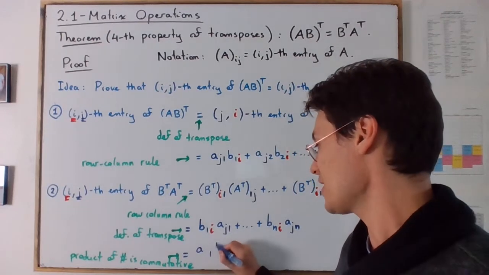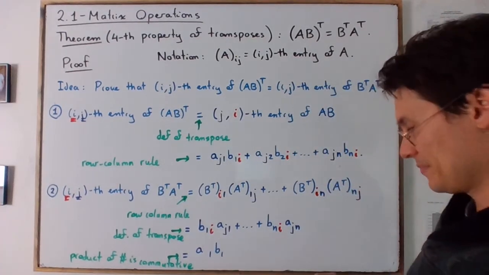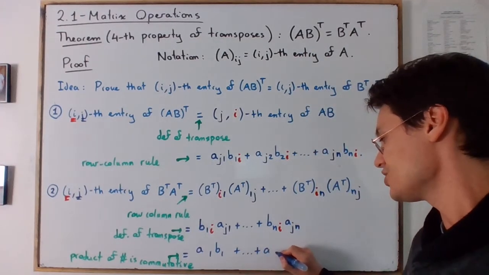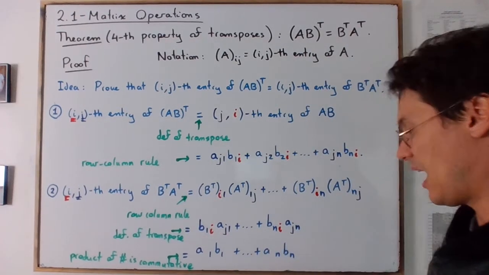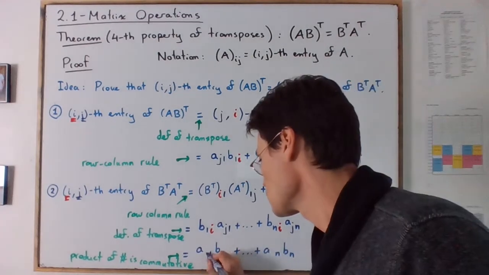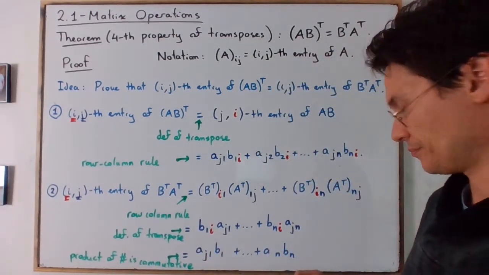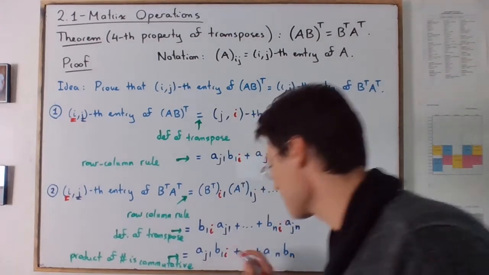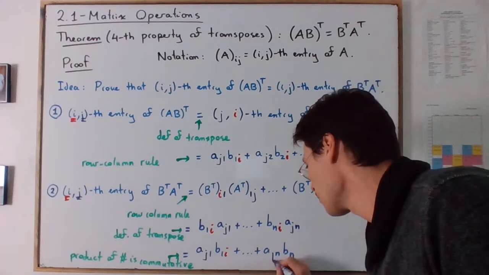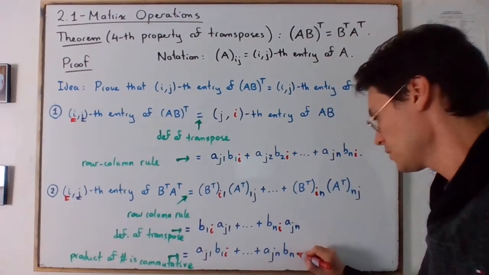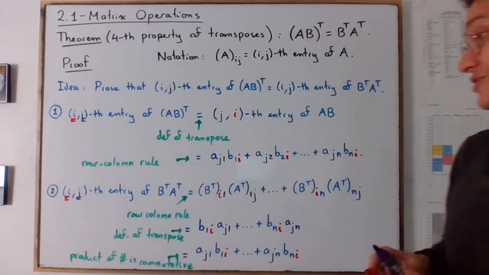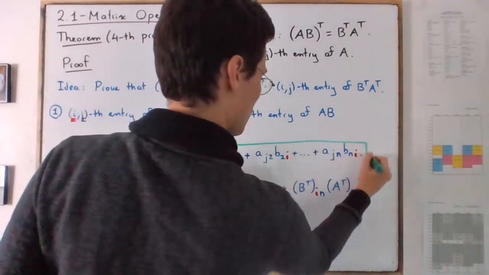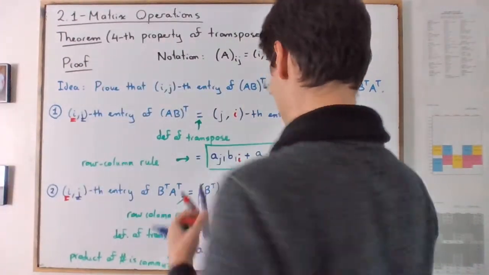So I have Aj1 B1i, then I continue like this until I have AjN BNi. As you can see, you have the same thing here as what you have here.